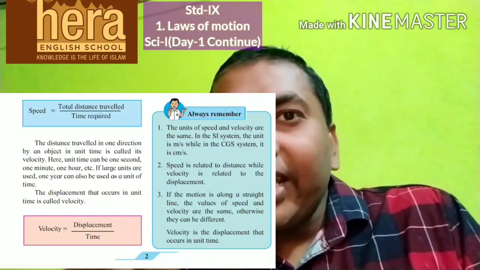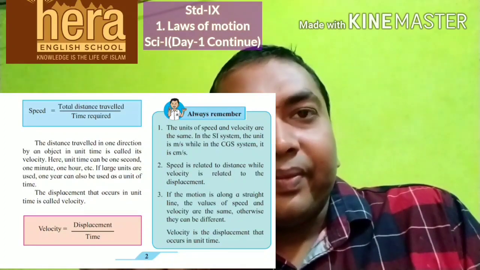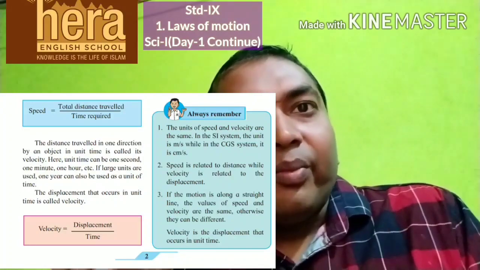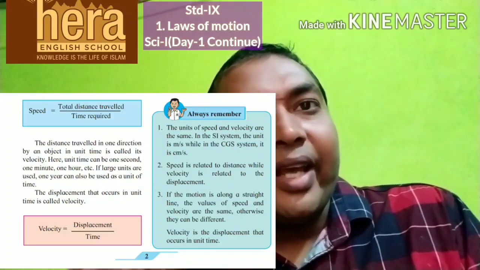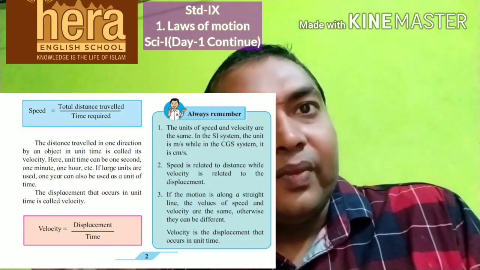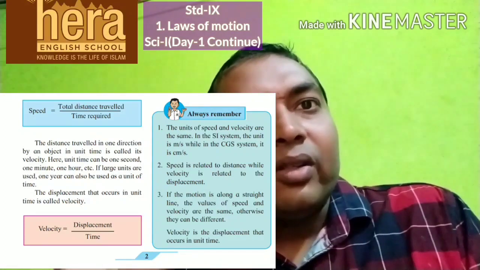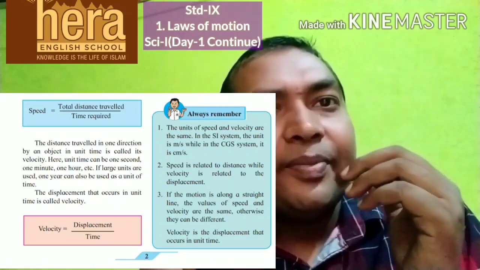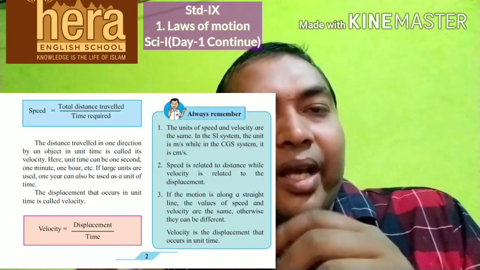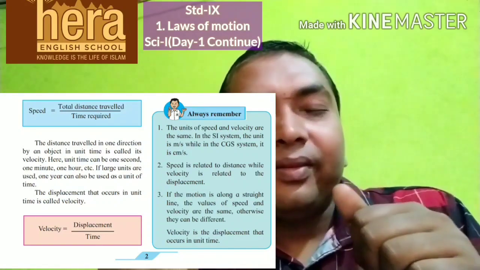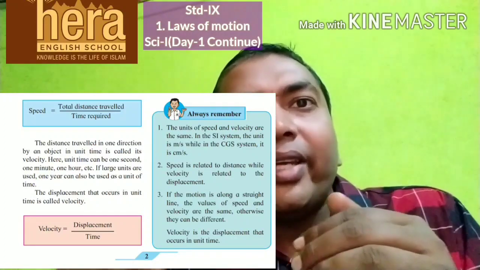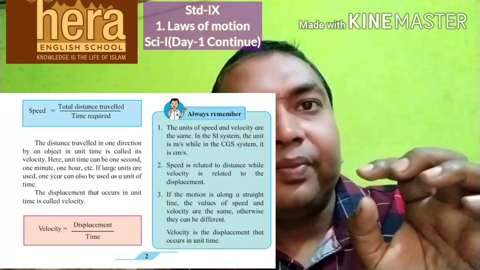And since velocity is a vector quantity, displacement will come. Velocity is defined as displacement per unit time. It means in unit time how much displacement took place. And if you want to define speed, then it is how much distance is traveled by an object in unit time.